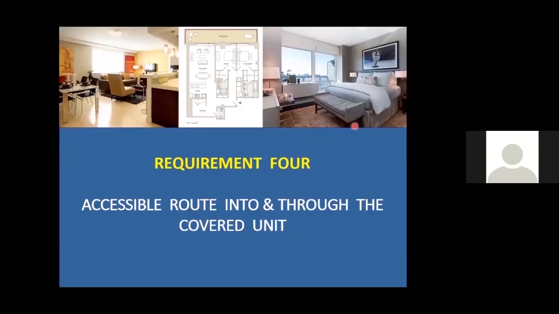Requirement 4, we have arrived at the site. We've successfully, on a pedestrian route, gotten into the building. We've successfully traversed to the door, and now we are in the unit. We need an accessible route into it and through it.